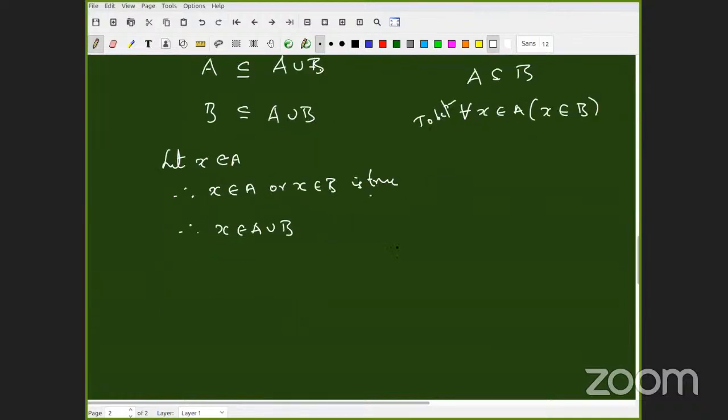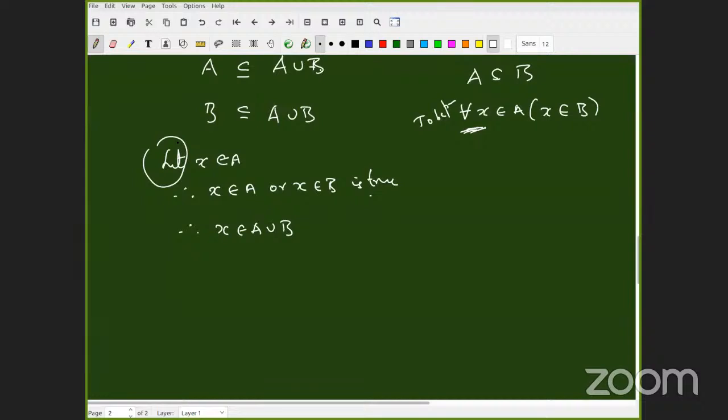We want to prove B is a subset of A union B. If I want a proof, start with an arbitrary x. Now that x is fixed, I have started with some x. Don't say for every x. That's what I have to prove. Keep all those things in mind. Start with the proof.